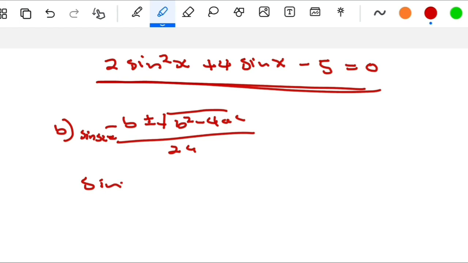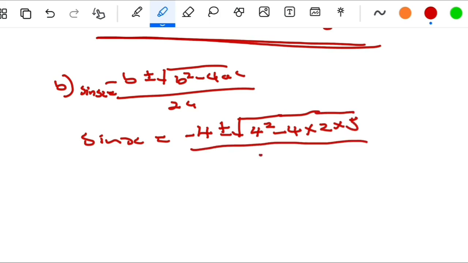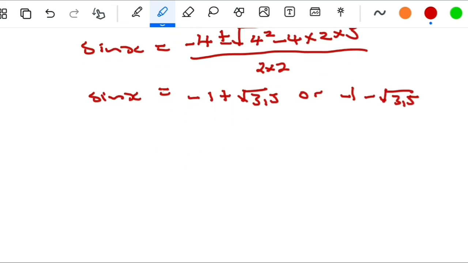Sine x behaves as x in this case, so we have negative 4 plus or minus root of 4 squared minus 4 times 2 times negative 5, over 2 times 2. Now we get sine x equals negative 1 plus root of 3.5, or negative 1 minus root of 3.5. Then now I can find x there.